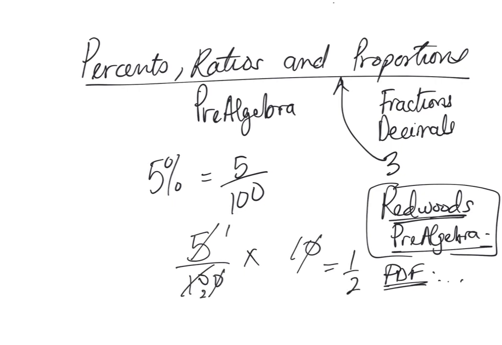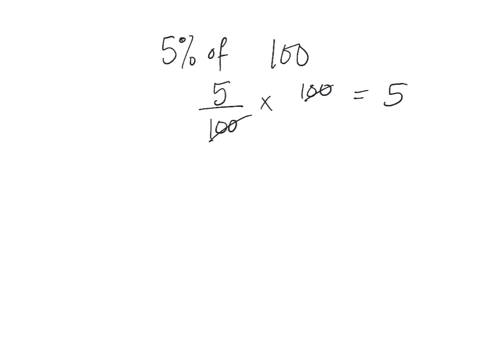This is just an example, 5% of 10. So if we say 5% of 100, that is 5 over 100 times 100. That would just equal 5. Now, the reason why I can cancel these hundreds is because there is a multiplication between them. If there's an addition, you can't cancel. If there's a subtraction, you can't cancel.